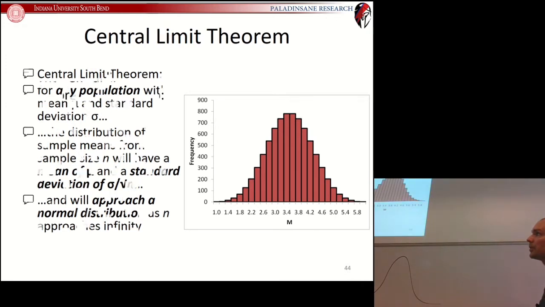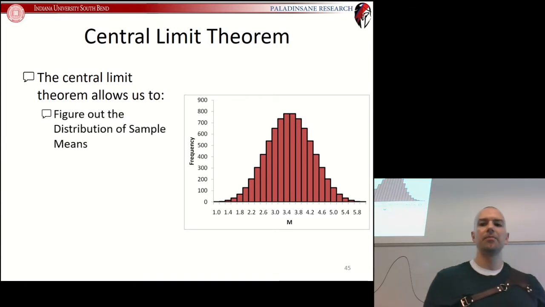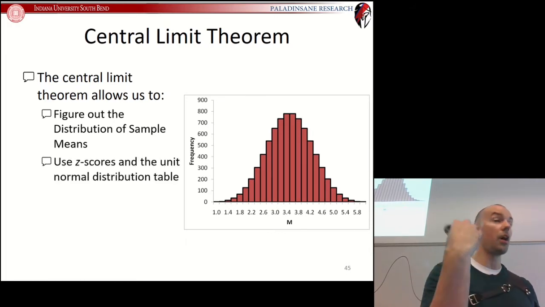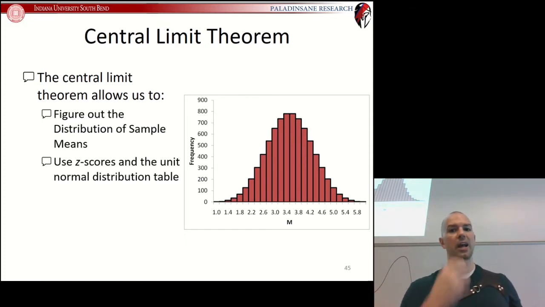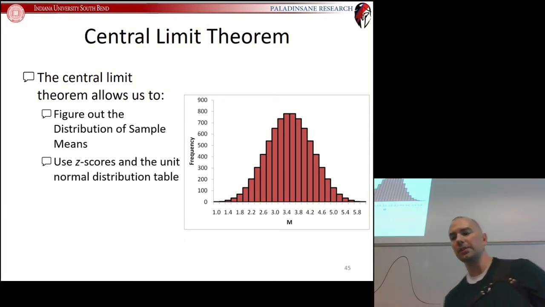So the central limit theorem allows us to figure out that distribution of sample means. That allows us to use the z-scores in the unit normal distribution table, because other population distributions are not in there, but we know that our samples are going to have this particular distribution.